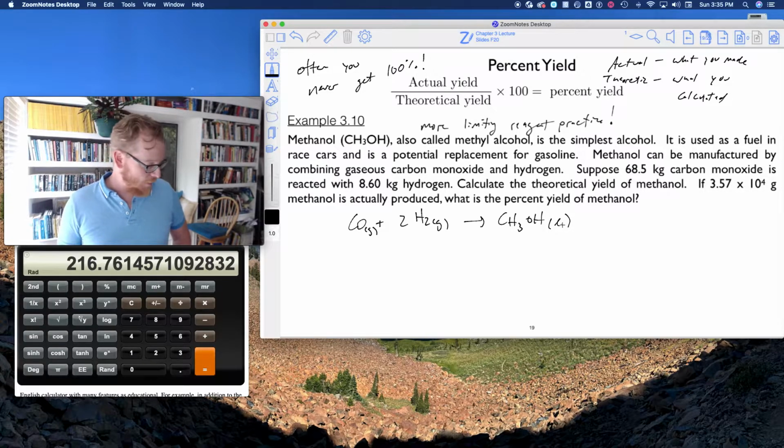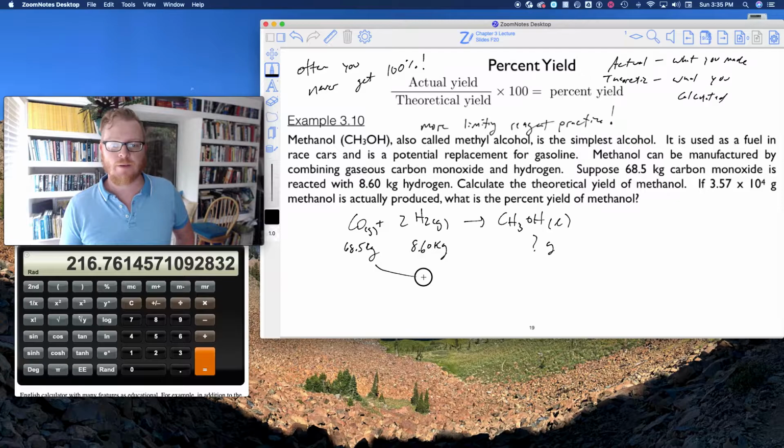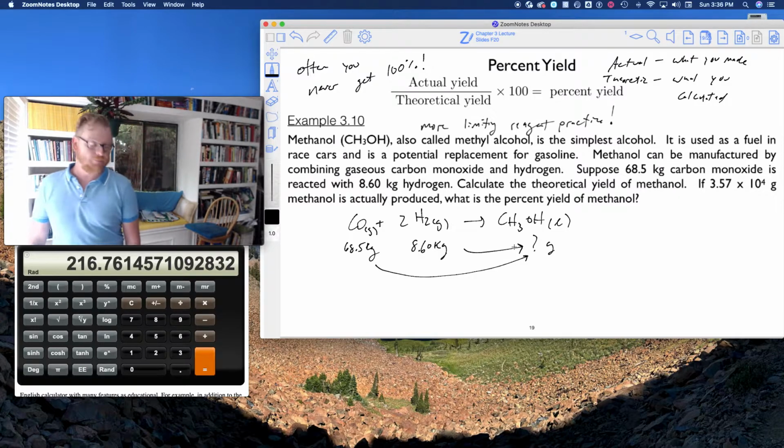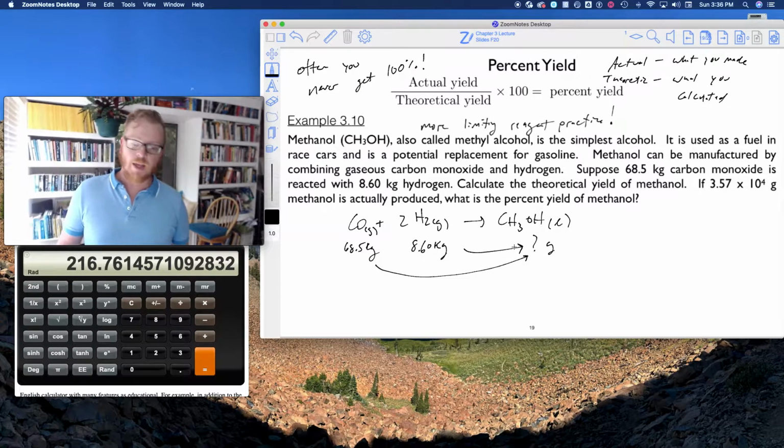And the way this problem goes is it says, well, if you had 68.5 kilograms of carbon monoxide, and 8.6 kilograms of hydrogen, how much of this could you make? Okay, so I'm not going to do this in this lecture, but you can follow those exact other 2 examples that we did. Okay, and I'll tell you the answer that you get.